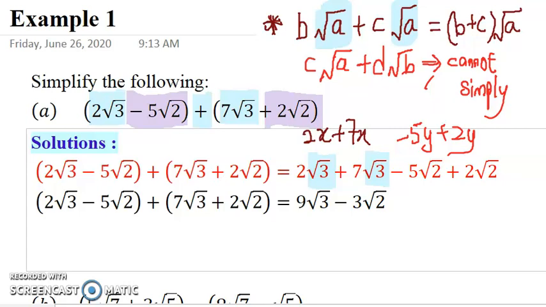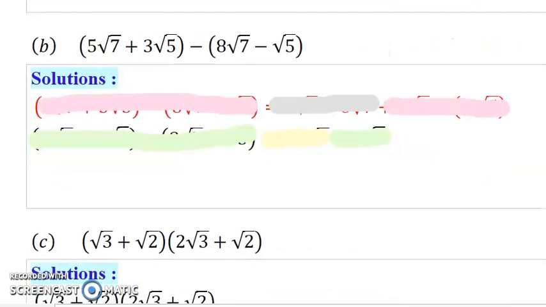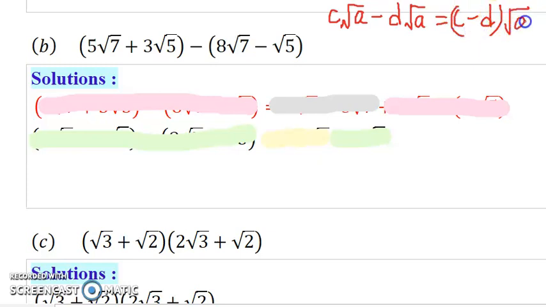Go on. For question B, the rules in subtraction for surds are similar to the case we have in addition, where if I want to do subtraction, I must have a common surd. For example, I have c square root of a minus d square root of a, and this can be written as c minus d, square root of a.